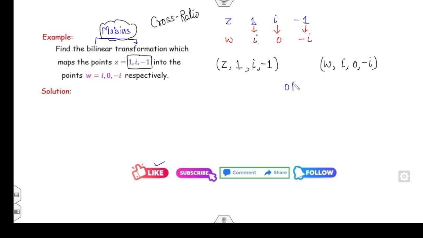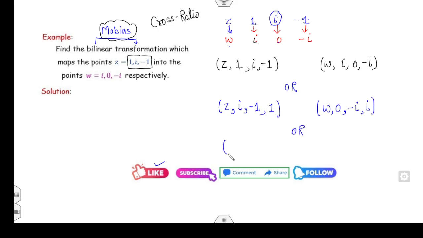Or you can also write in this manner: first number is Z, the second number is iota, the third number is minus 1, and then 1. The corresponding to Z will be W, corresponding to iota will be 0, corresponding to minus 1 is minus iota, and then iota.